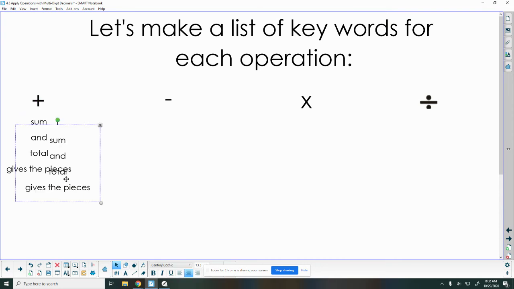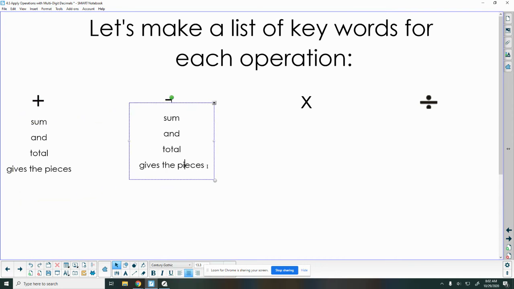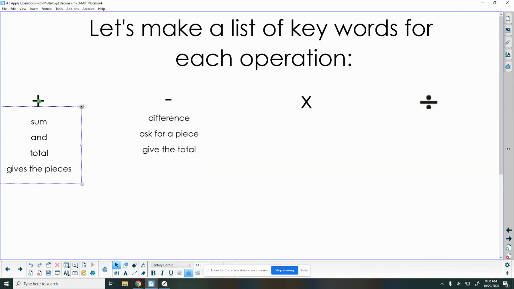So let's get some for subtraction here. So when we're subtracting, it might ask for the difference. It might ask for a piece of it. It will often give the total. So this one will give us the total and it will ask for a piece.